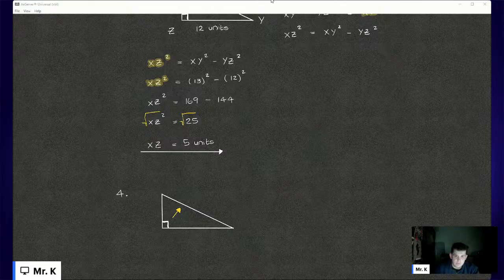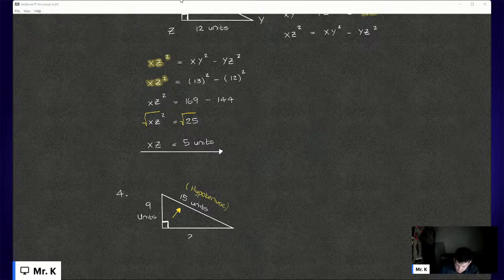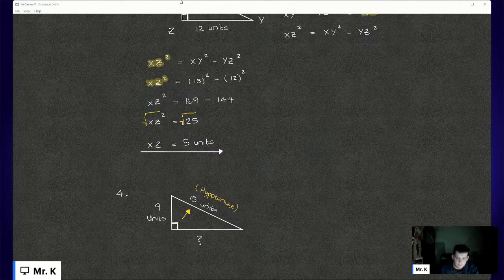Right. Our third and final triangle, grade 9s. We are told that the left-hand side is 9 units. The hypotenuse is 15 units. But we need to find the remaining side over here at the base of the triangle.